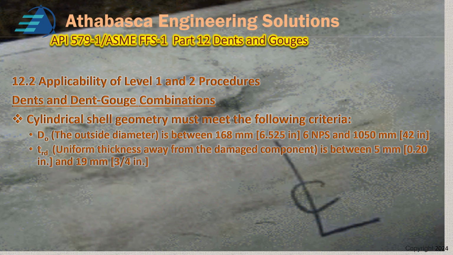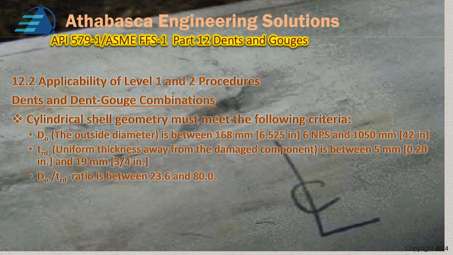And the thickness RD, which is a uniform thickness away from the damaged component, should be between 5 millimeters and 19 millimeters, which is up to 3/4 of an inch.